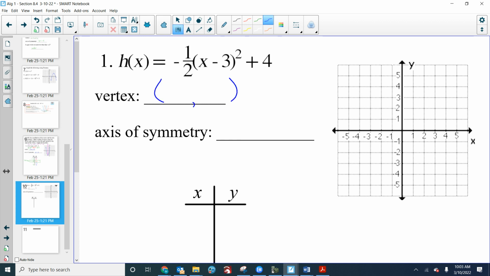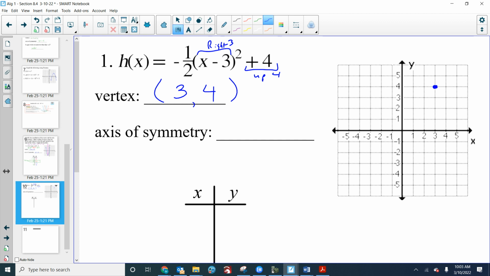Vertex. Well, it's been shifted from 0, 0. It's been shifted to the right 3. Right 1, 2, 3 houses. Up 4. So our new vertex location is 3, 4.